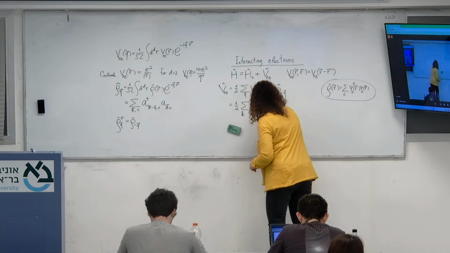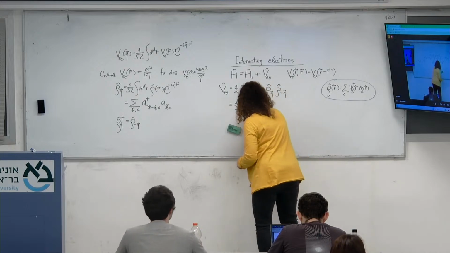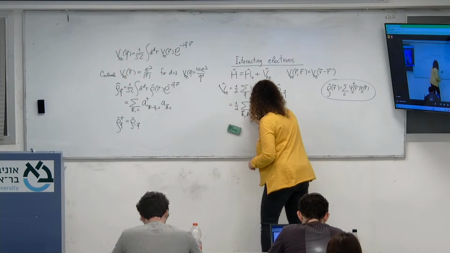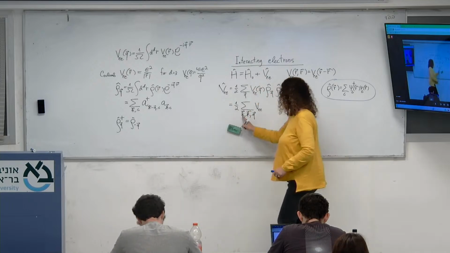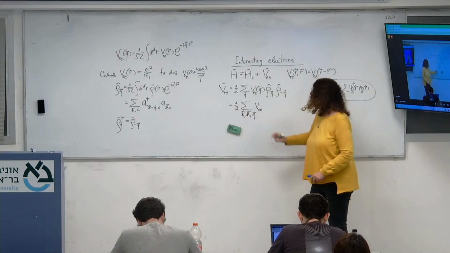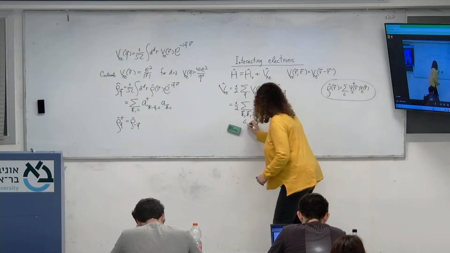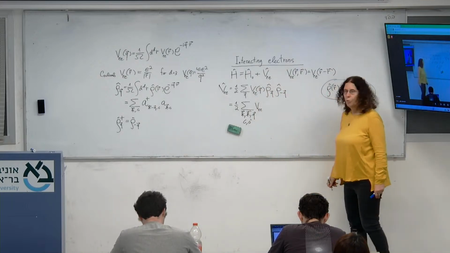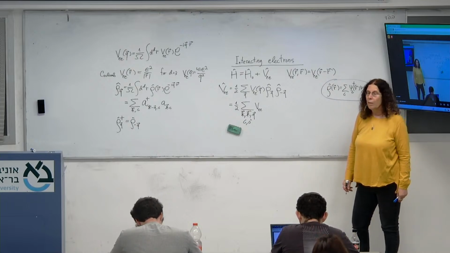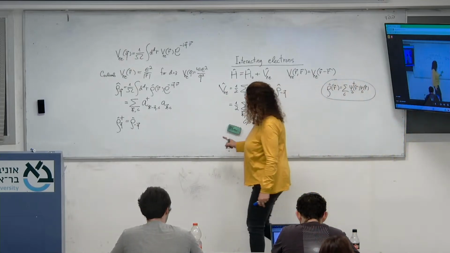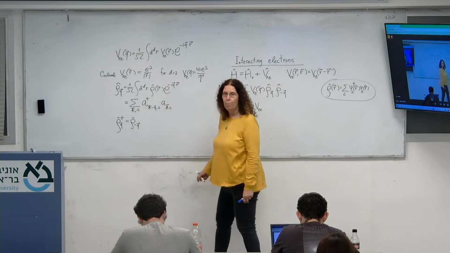Let me write down what we eventually get. There's a summation over three momentum indices, K, K prime, and Q. And also we have two distinct spin operators, right? Because each density has a summation over spin.